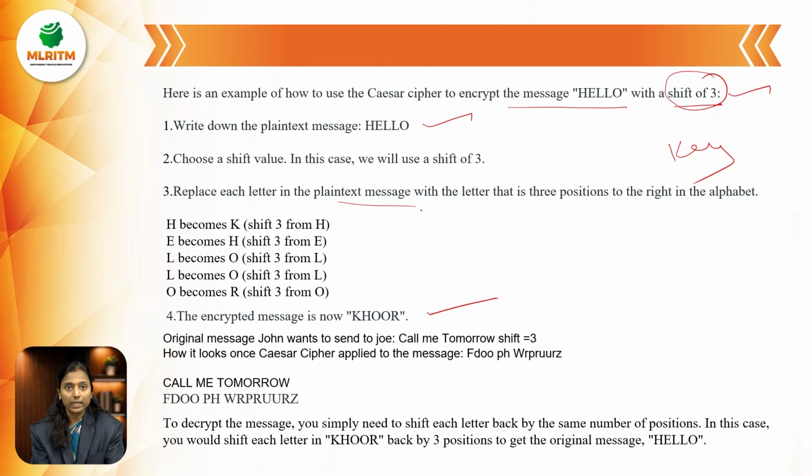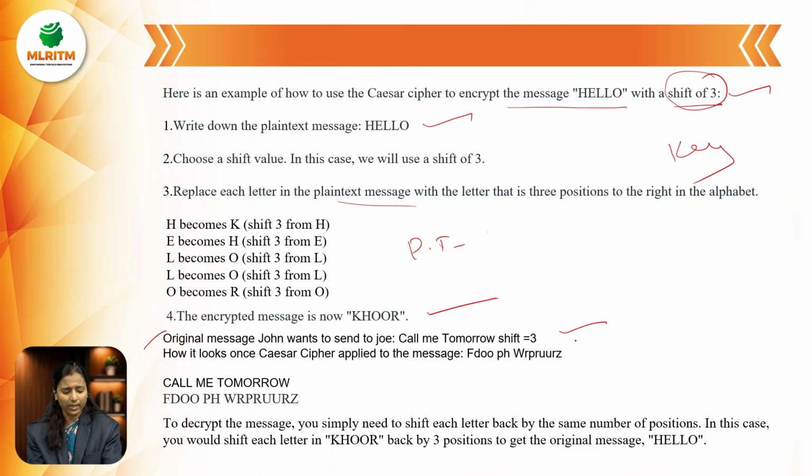How the encryption process is done, and how the plain text is converted to the cipher text, is called the encryption technique. Another example: the original message that John wants to send to Joe is call me tomorrow. The shift is 3.